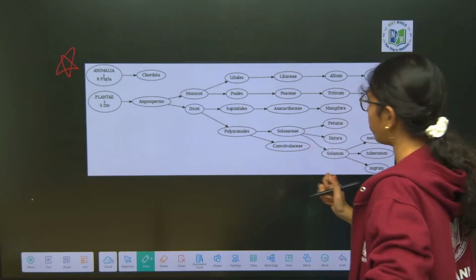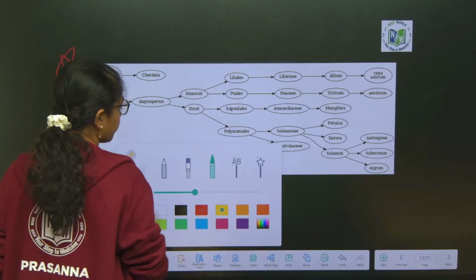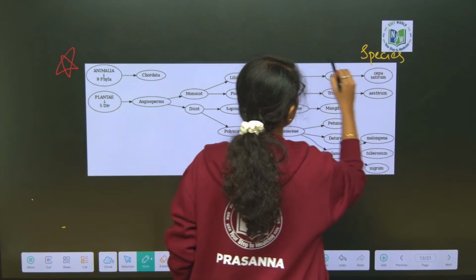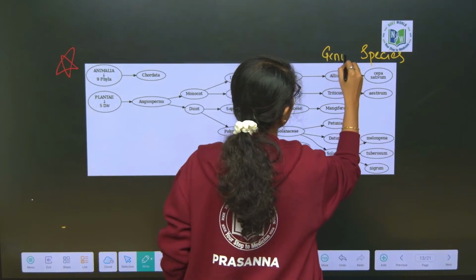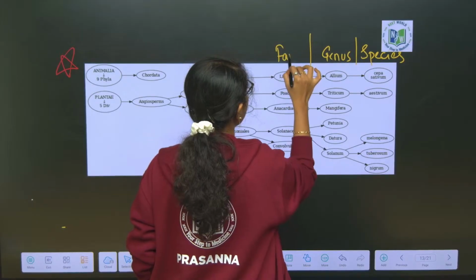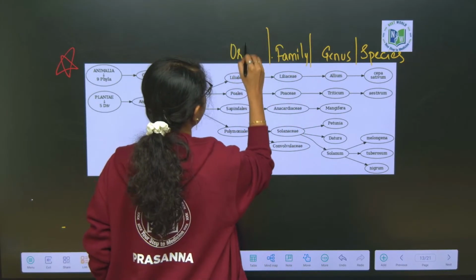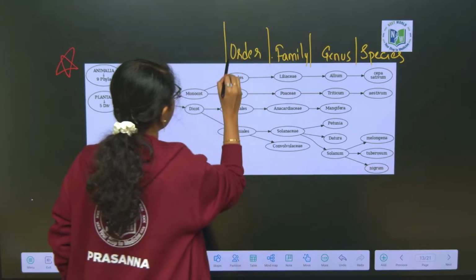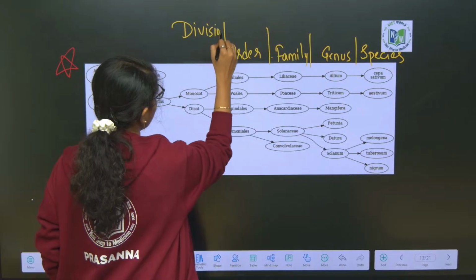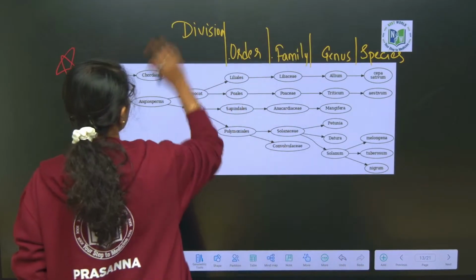Look at this properly. So here we have species to kingdom, beta. So this is species, genus, family, order, division. I have drawn two charts, one for animal and one for plant kingdom.